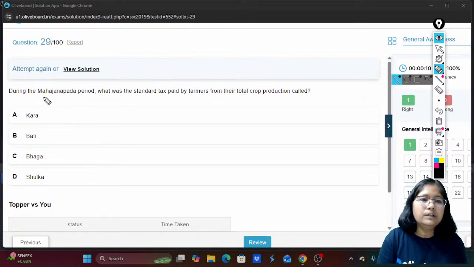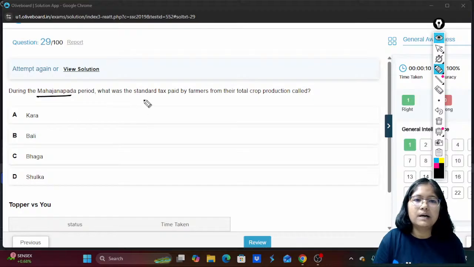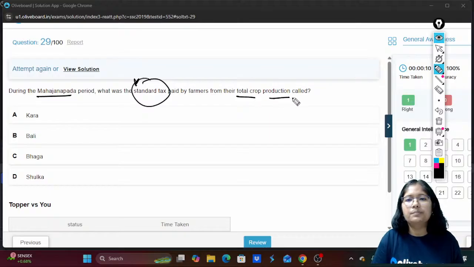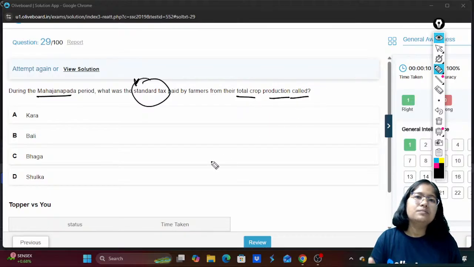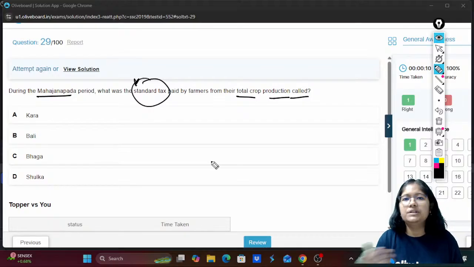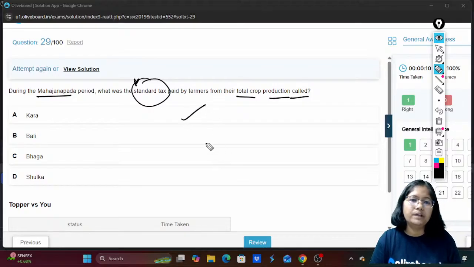Next question. During the Mahajanapada period, what was the standard tax paid by farmers from their total crop production called? During the Rig Vedic period, the tax system was voluntary. It was in the form of bali. It is voluntary if somebody is giving from their share.